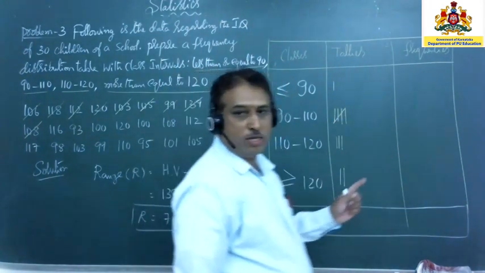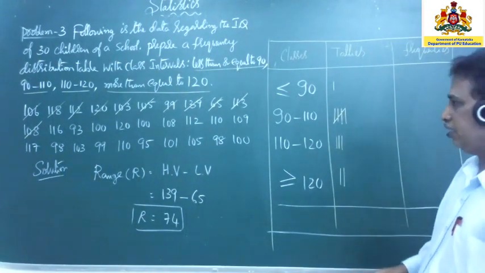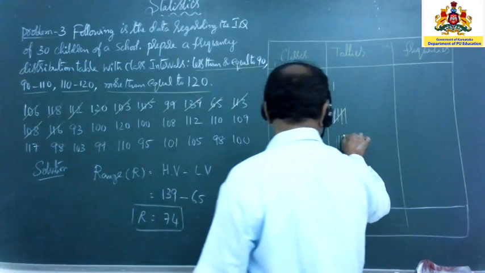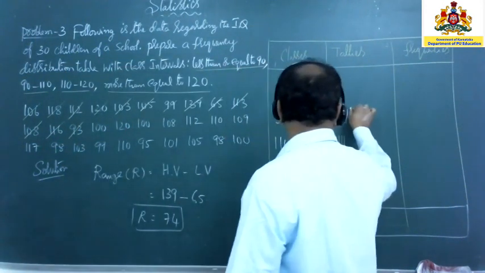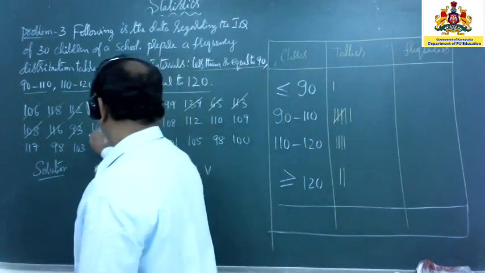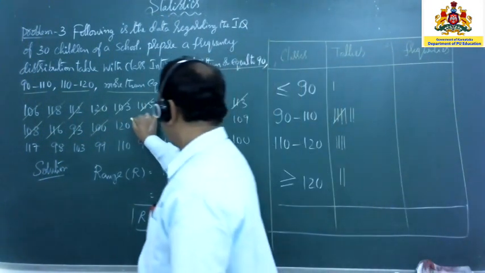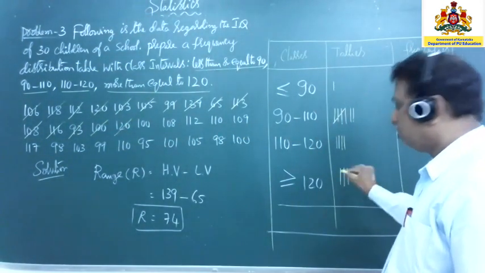After 4 tallies, the fifth tally you have to cross. Next 116. Next 93. Next 100. Next 120, more than or equal to 120.